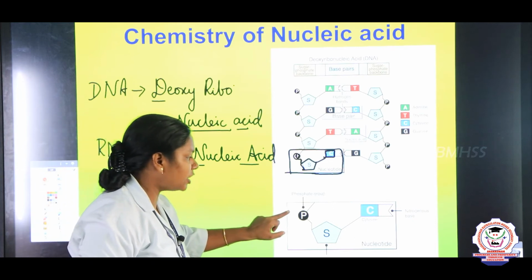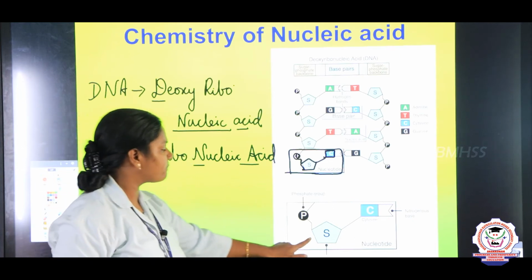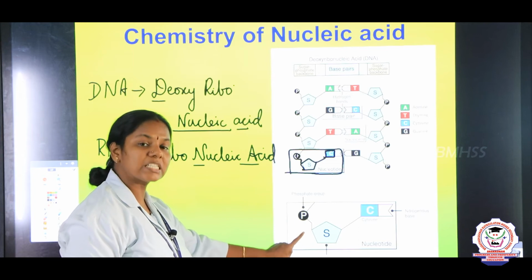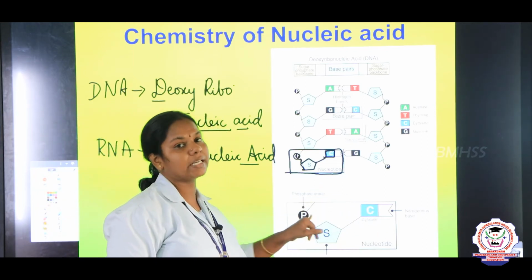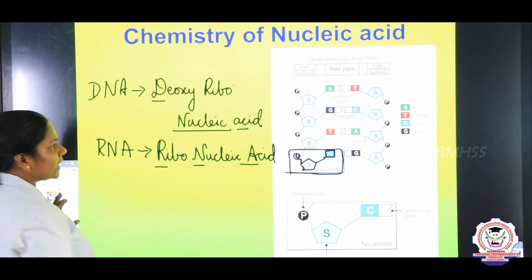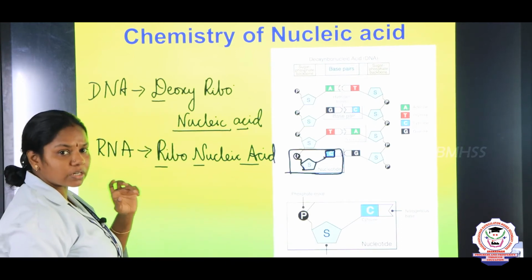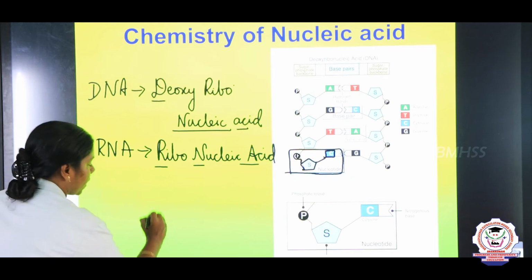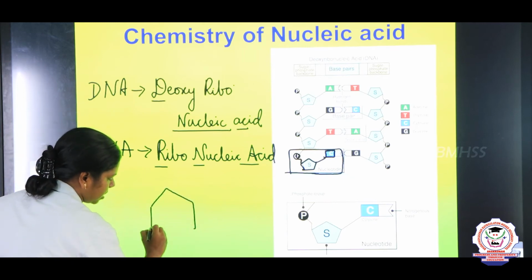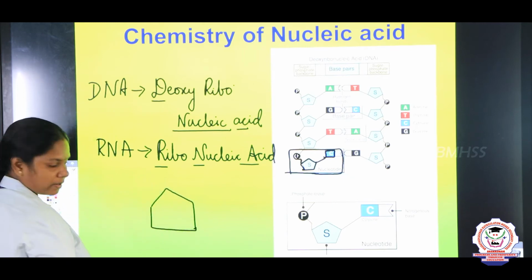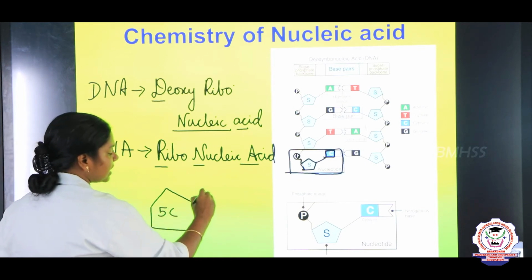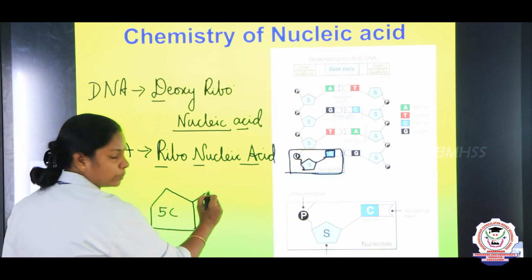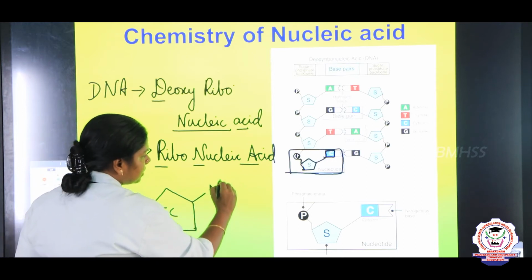A nucleotide consists of one sugar, that is a pentose sugar, one nitrogen base and a phosphate. So how will you draw the nucleotide, children? One pentose sugar, right? It consists of 5 carbons. And with this it has one nitrogenous base.